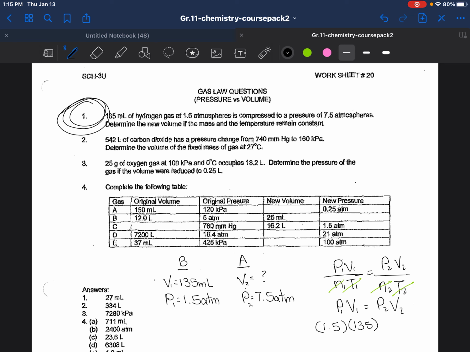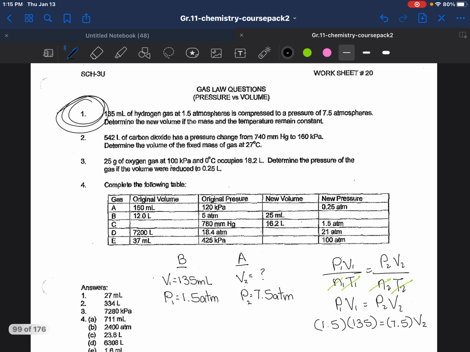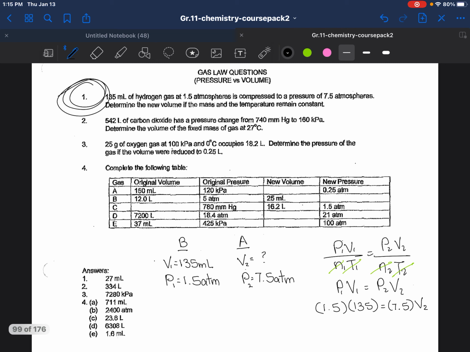Now, I'm not going to change my volume to liters. I'm not, because I don't really need to. All I have to do is make sure my V2 later on is also in milliliters. I hope you guys already know that. That's not something new. That the volume is going to be 27 liters.